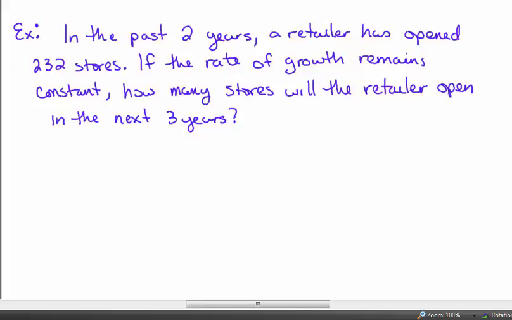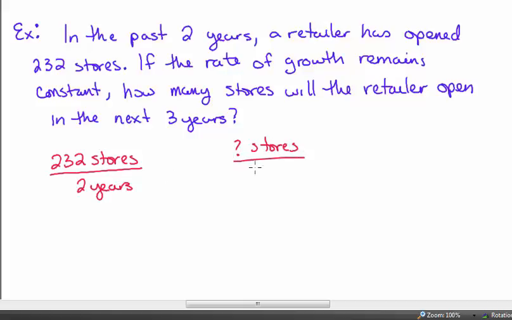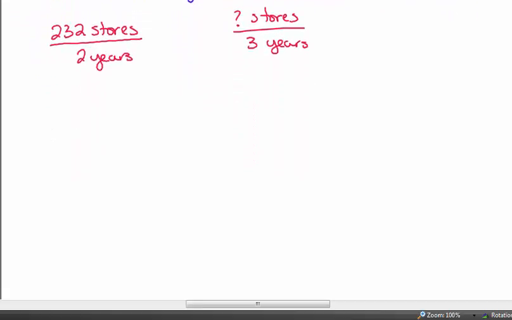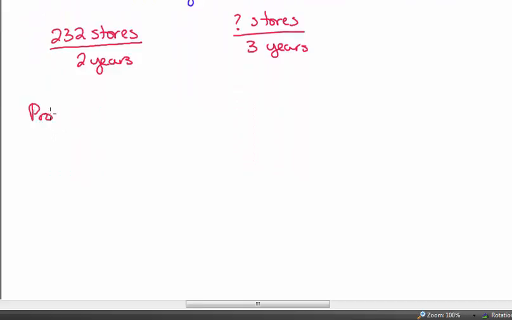Okay, so our ratio is 232 stores over 2 years, and we want to know how many stores in the next 3 years. Now there are 2 ways we can solve this. We can solve this with a proportion, or we can solve this with unit rates.